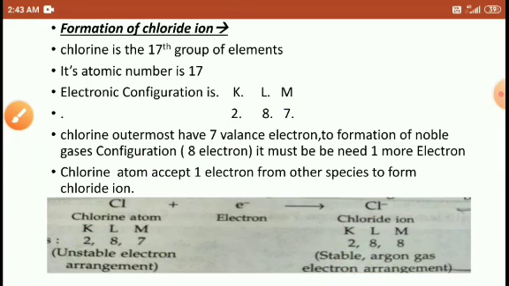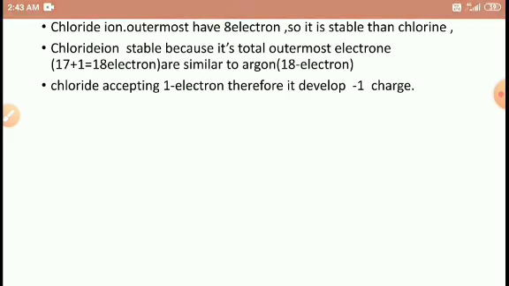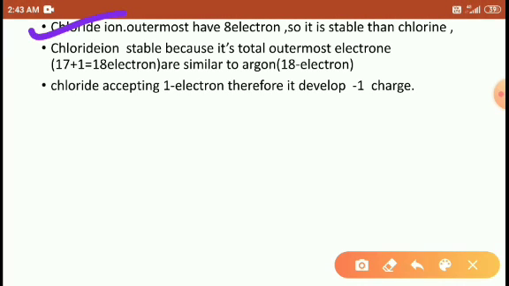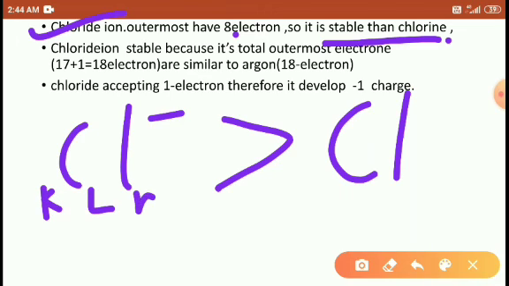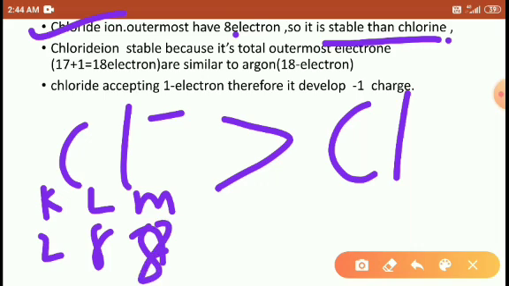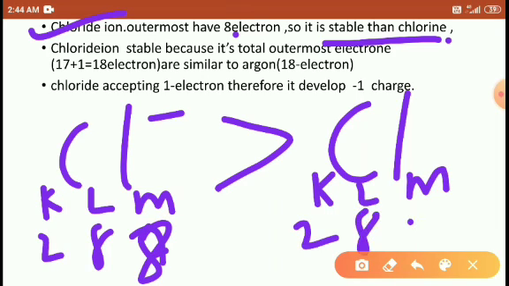Right, students? Now it has the stable argon configuration. It attains the argon configuration. So the chloride ion has outermost 8 electrons, so it is more stable than chlorine. The chloride ion with a minus charge is more stable than chlorine. Why? Because here KLM is 2, 8, 8 and there KLM is 2, 8, 7.